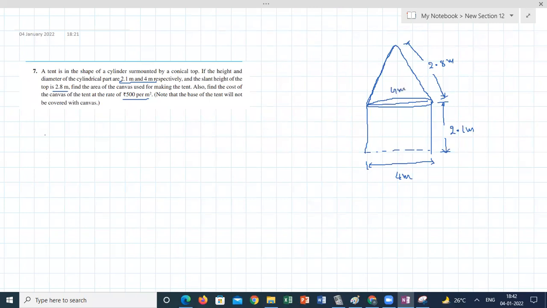So the area of the canvas required is equal to the curved surface area of the cylindrical shape plus the curved surface area of the conical shape.